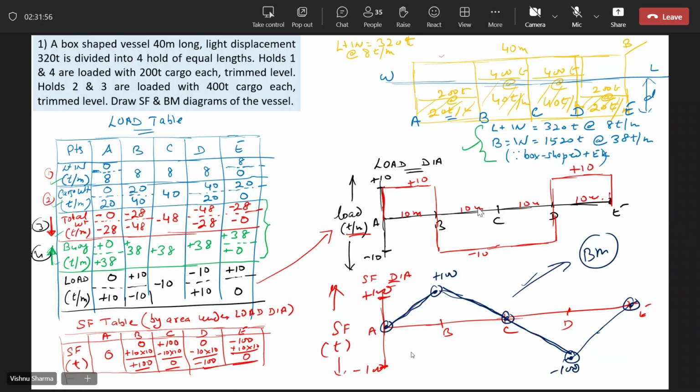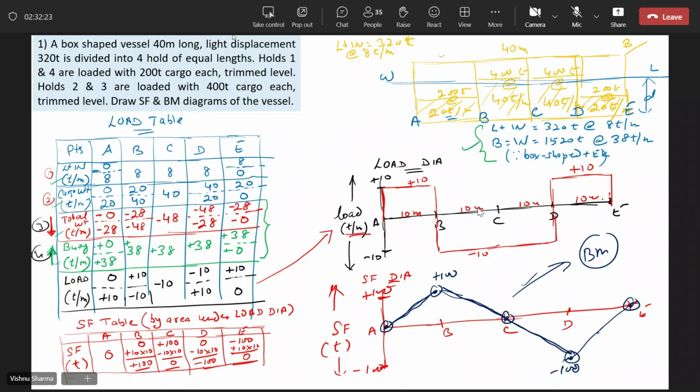So let me know if anybody has any concern on the load table, load diagram, and then getting the SF diagram from the load diagram. And SF to BM you have already done so many times with the beam. The same concept applies. The concept remains the same. Is it clear, beta? Yes, sir.